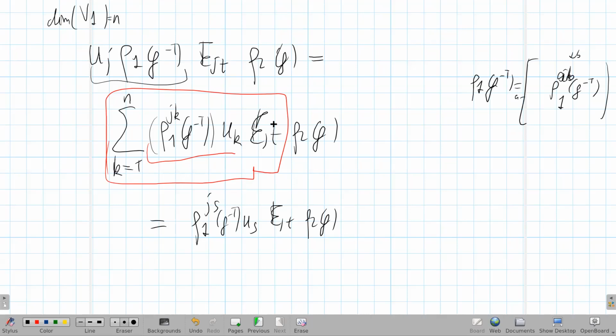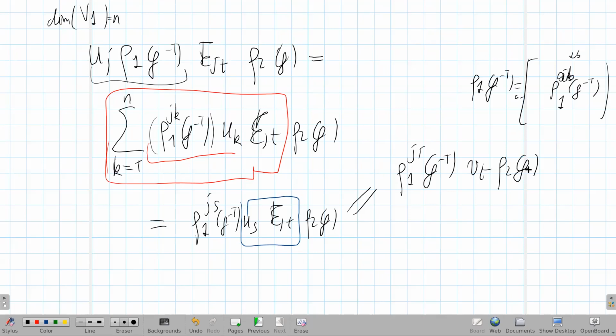E_ST kills everything different from US, but then E_ST sends US to VT, VT being one of the basis vectors of V2. So you obtain rho1 JS of G inverse, and then VT, and then you have rho2 of G.